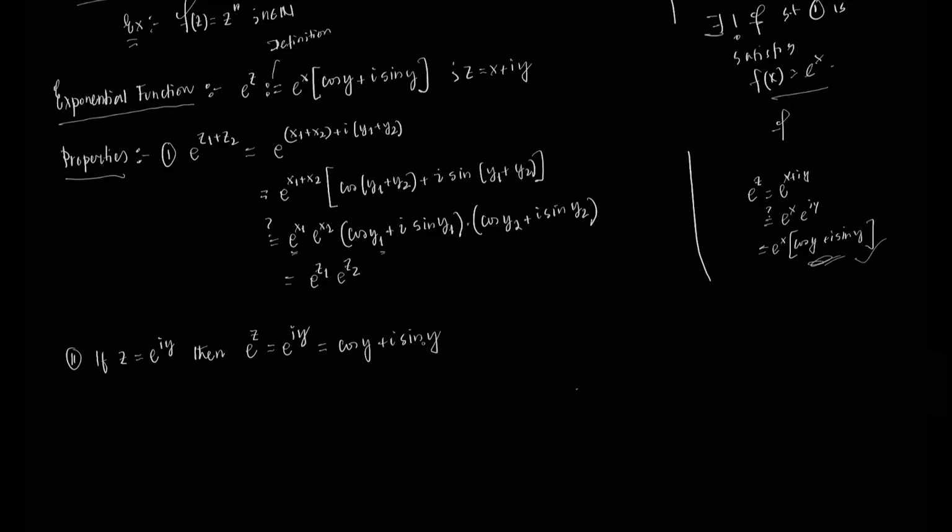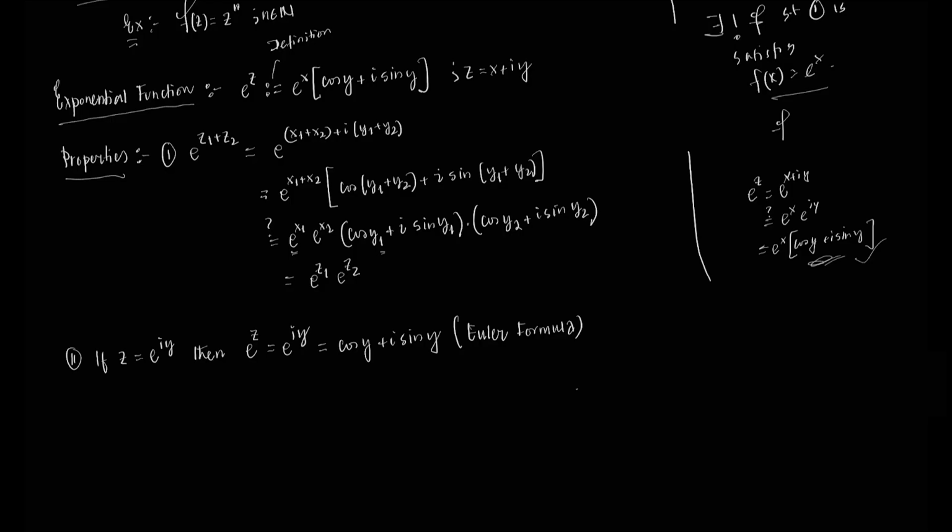We already know this, or rather we suspect it, because we have learned it in previous courses: e^(iy) = cos y + i sin y, and this is a very important formula which we call the Euler formula. So this is exactly how we are getting it. We define the exponential like this, and then if you take z as iy, you get this particular formula.